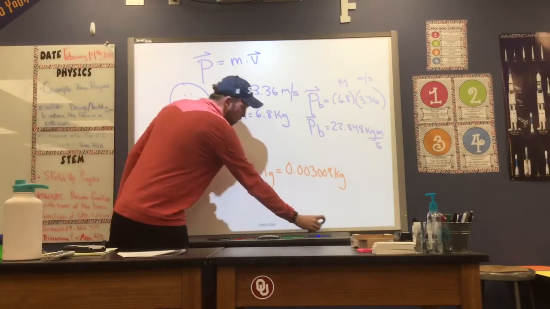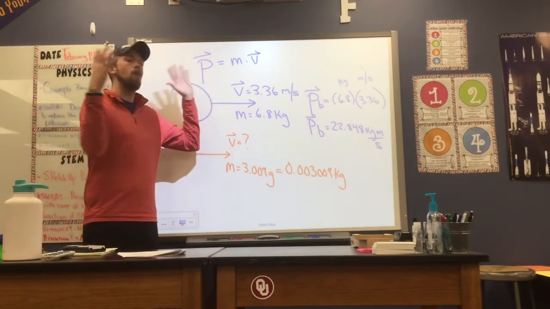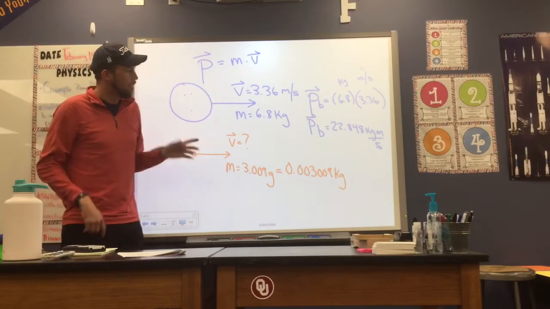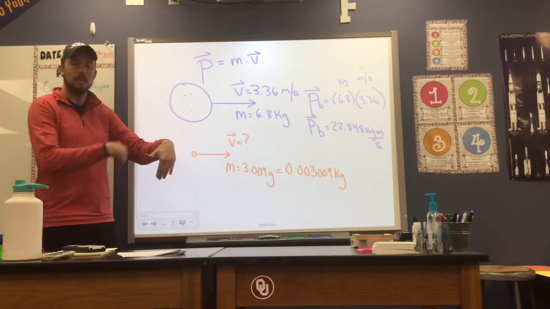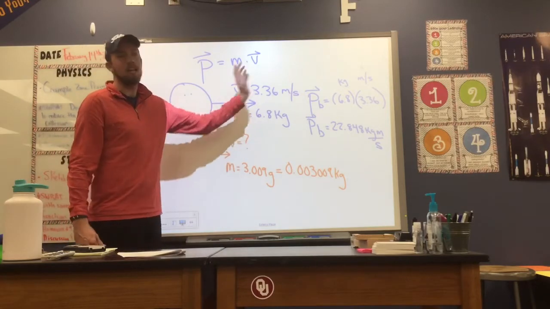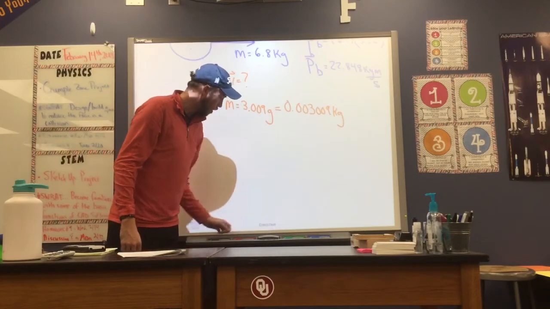Now the problem statement is asking for the condition under which the two objects will have the same momentum. We know the mass of the ping pong ball is very low, meaning in order for its momentum to be equivalent to that of the bowling ball, it's going to have a very high velocity. So here's what we're going to do.